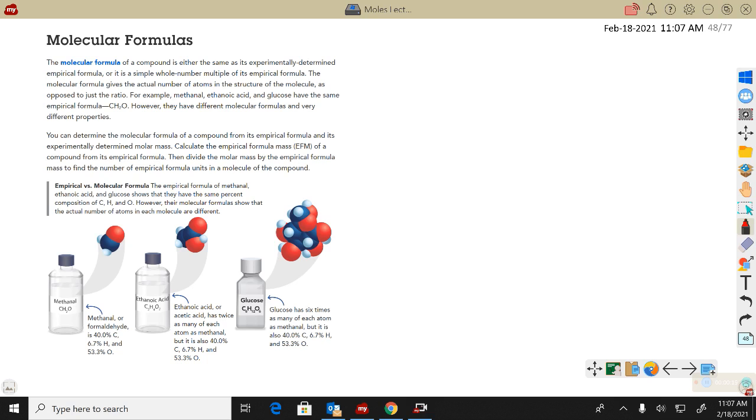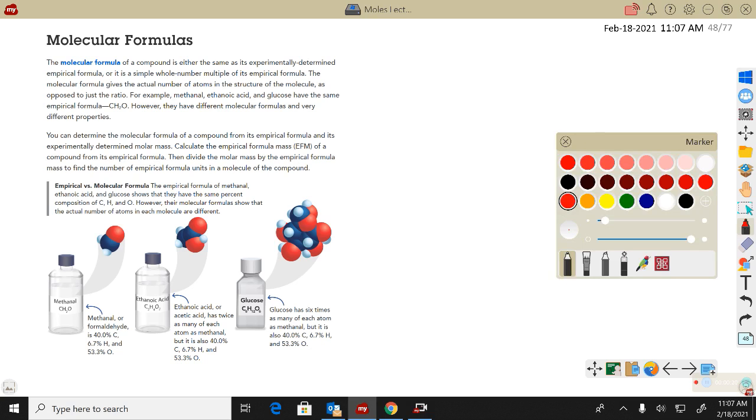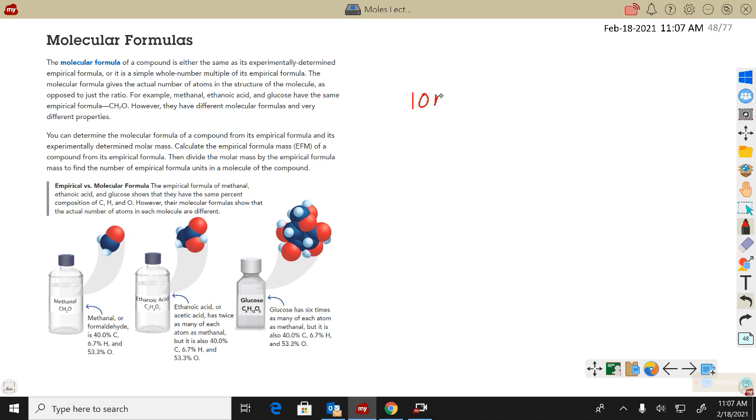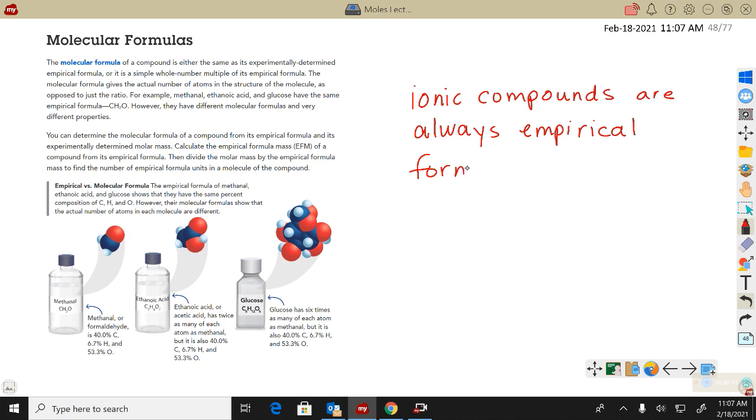Now, ionic compounds are always reported as empirical formulas. Ionics are always reported as the simplest repeating pattern in the crystal.